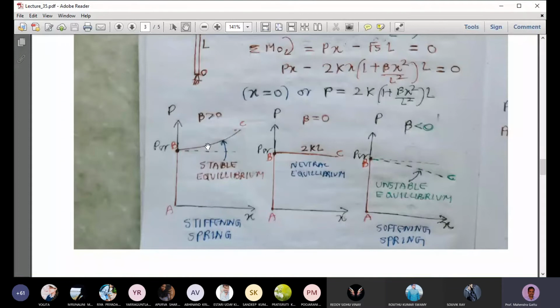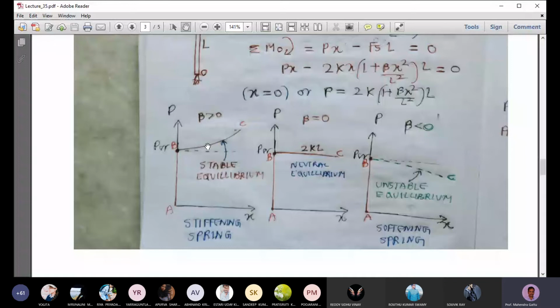For the intermediate distance x1, there is a corresponding load P1. So that P1 is lying on the curve. The critical load has been reached, and then additional load has been applied, and for that load the displacement is x1.